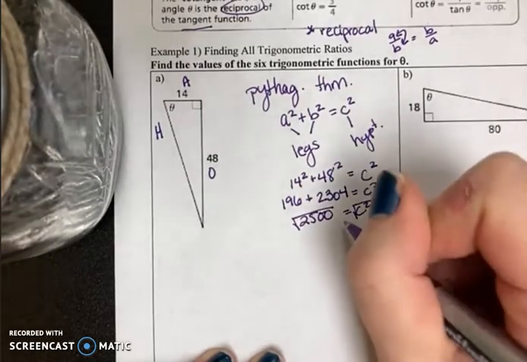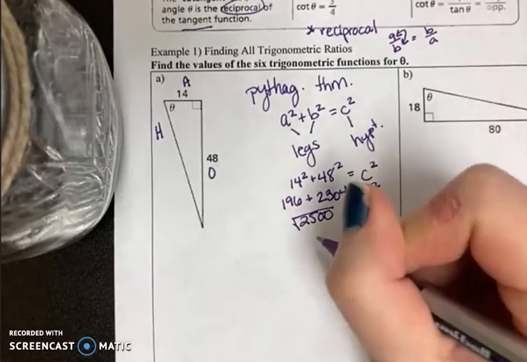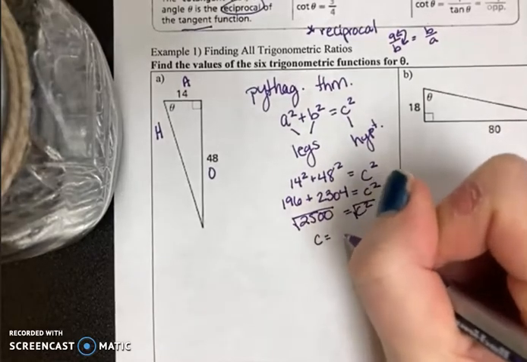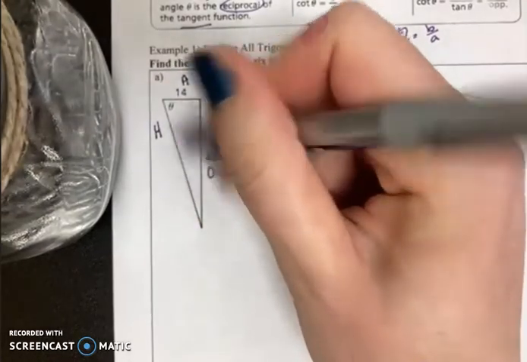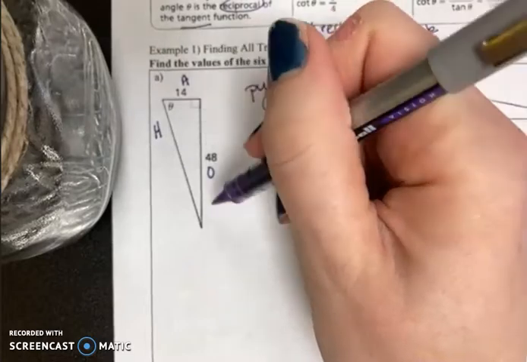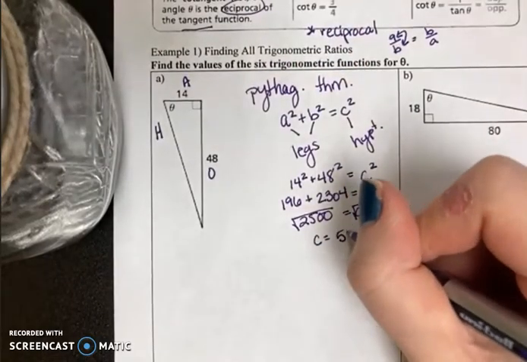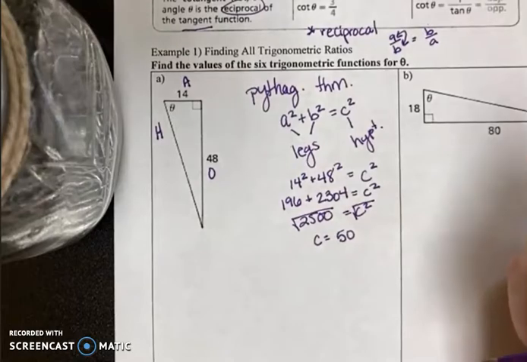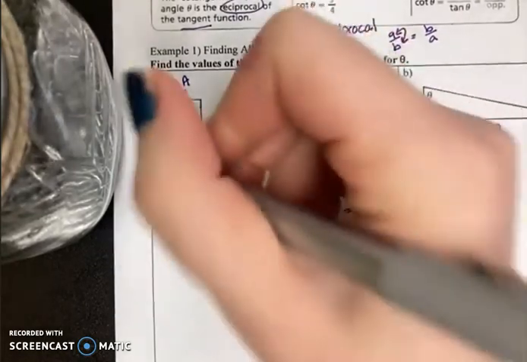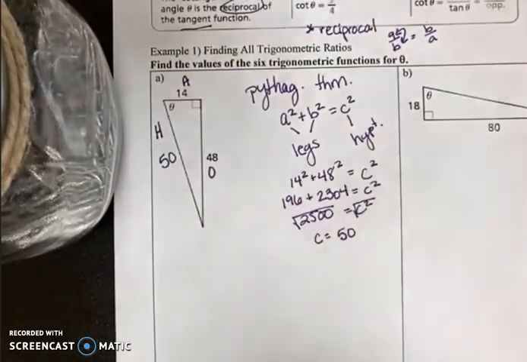Normally, whenever we take the square root of each side, we need to put a plus or minus. However, we're dealing with side lengths, and we cannot have a negative length. So I'm just going to put a positive 50. So 50 is our hypotenuse length.